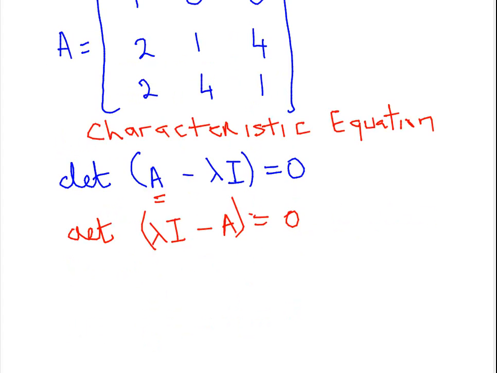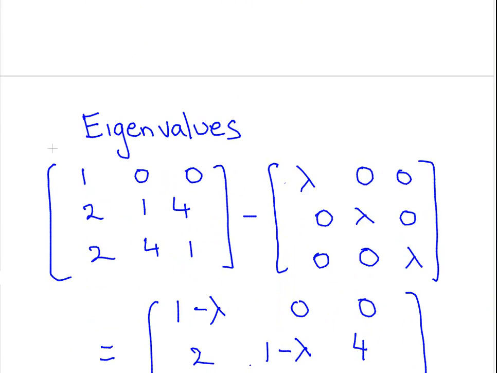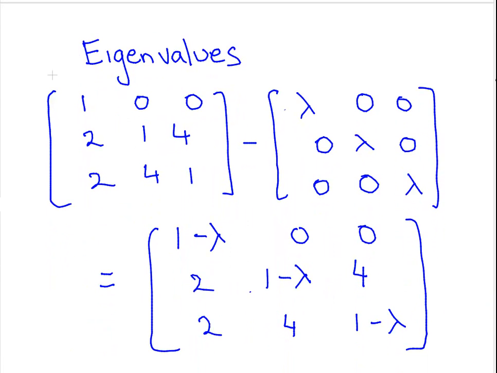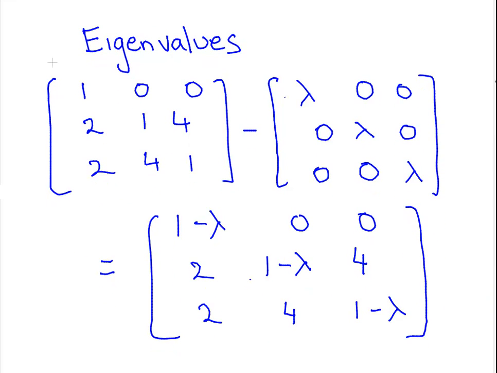So what we're particularly interested in now is, here we have A, and that is lambda I. The identity matrix is 1 0 0, 0 1 0, 0 0 1, and we just multiply each term by lambda, so we get this over here.